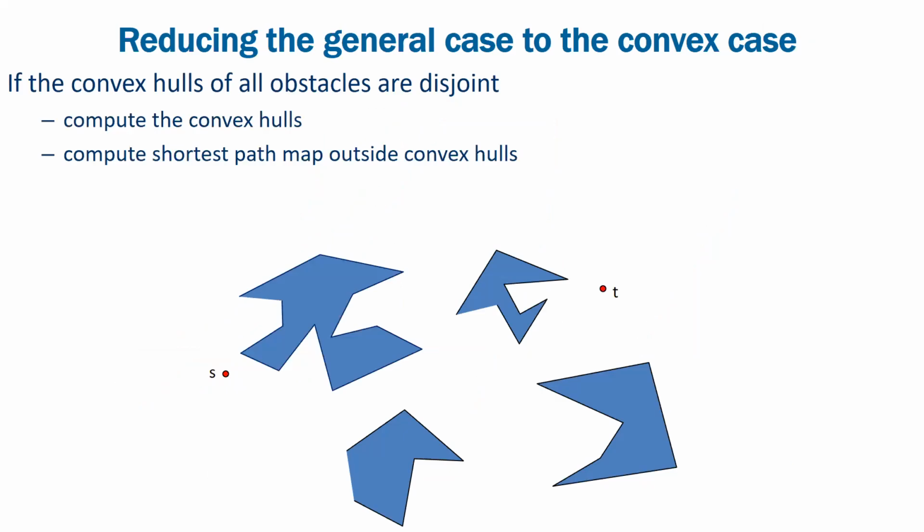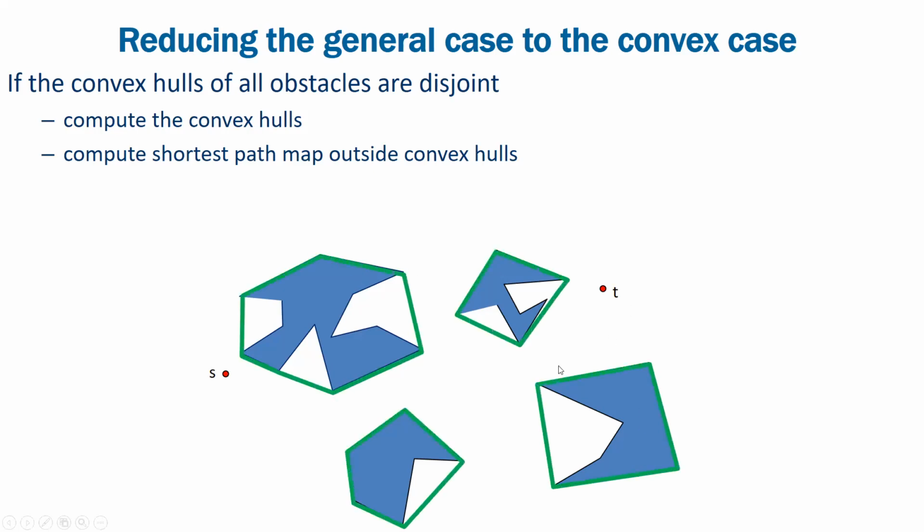Finally, a few slides to explain how to reduce the general case to the convex case. We only talk about a special case, where the convex hulls of all obstacles are disjoint. If they are not disjoint, then we can use a corridor structure, and the algorithm is similar. Again, the main focus is on a main subproblem.